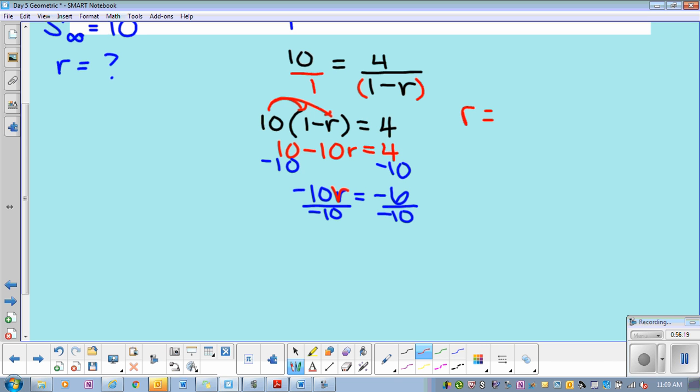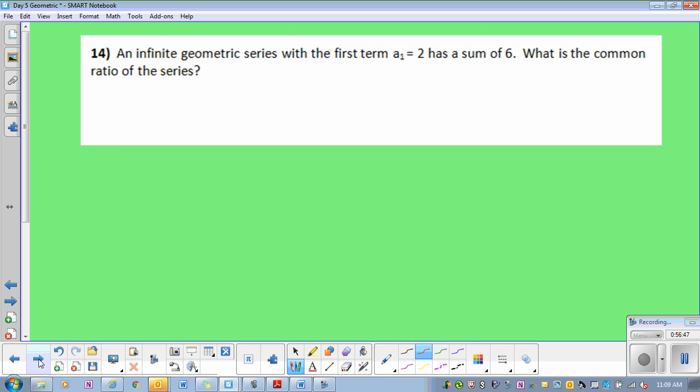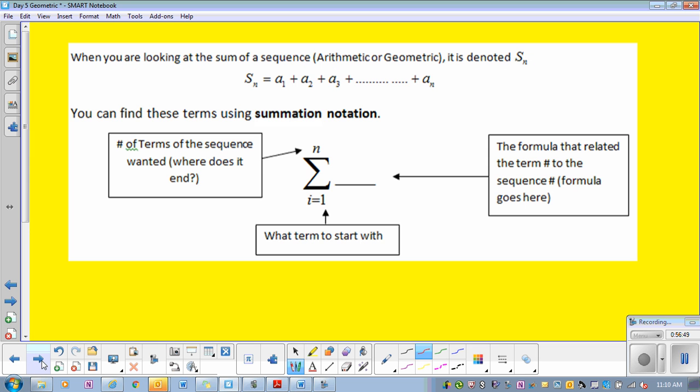What's negative 6 over negative 10? Three-fifths. Good. So your ratio equals 3/5. All right? Not bad. What else does it have here?